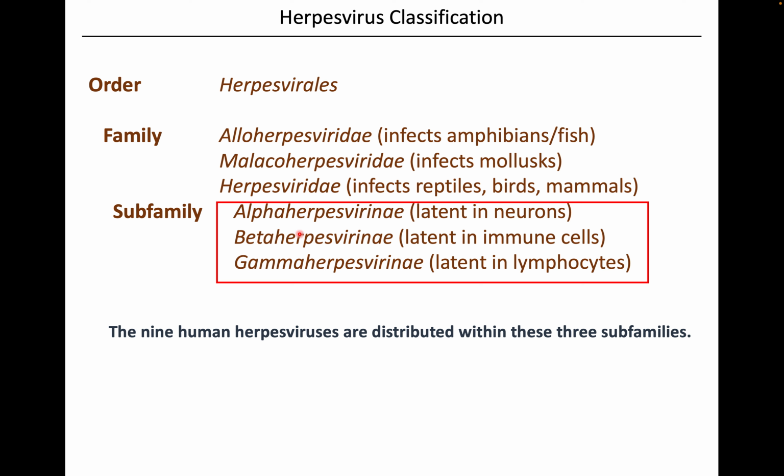And then there's 3 subfamilies, alpha, beta, gamma Herpesvirinae, that are distinguished by the fact that they go latent in different cell types. But there's basically 9 different human herpes viruses, and they're spread across these 3 different subfamilies. But as we go through this discussion in this section, we're going to see them organized by subfamily.